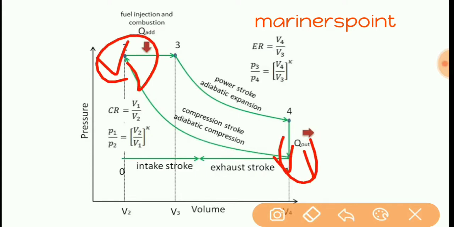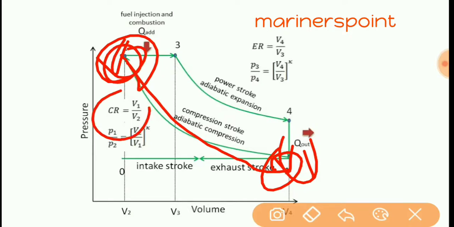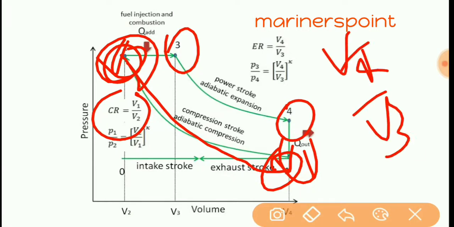We are compressing whatever volume we have. We have V1 volume, and when we compress it will come to V2. That is V1 by V2. Now expansion ratio, we have V3, and now we get volume V4, then V4 by V3. Final volume by the volume we had actually.